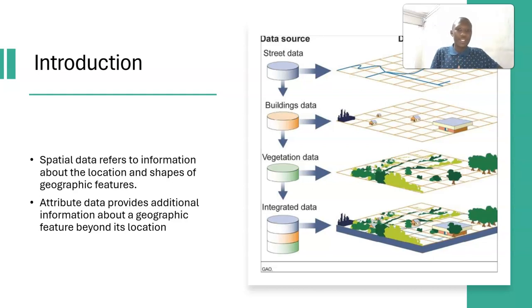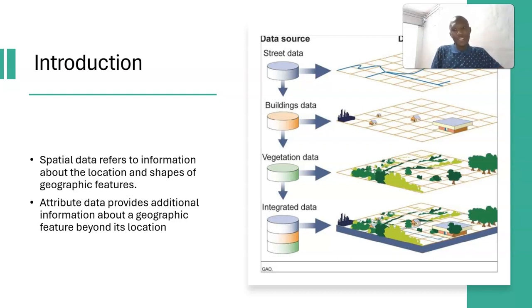One is vegetation data, the next one is buildings data, and then we also have data about the streets. And as per the earlier model, which we were looking at on Google Earth, we saw streets, buildings, different trees, dams, etc. So in a GIS, all of that data that occupies space on the Earth's surface is called spatial data.